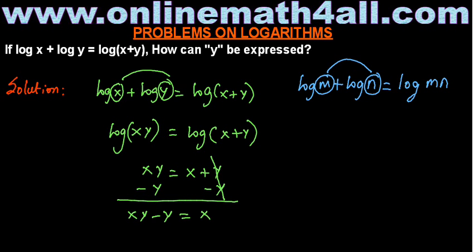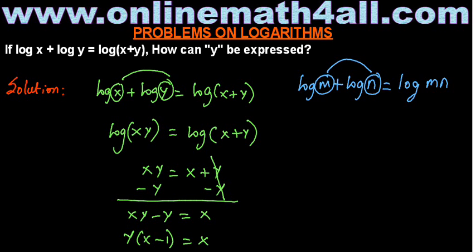I hope the students can understand this. Here we can factor y because we find y in both the first term and second term on the left side. If I factor y, I get y times x minus 1 is equal to x. Even if you multiply y to x and minus 1, you get xy minus y.